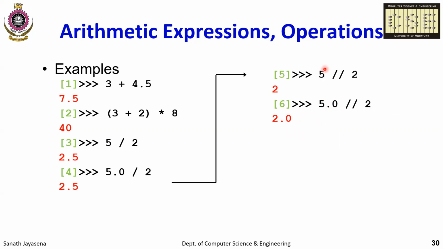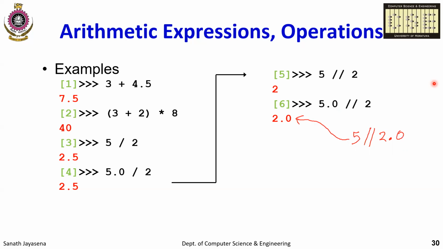Even if you had 5//2.0, you'll still get this kind of answer, because in this case 2 is a floating point number.